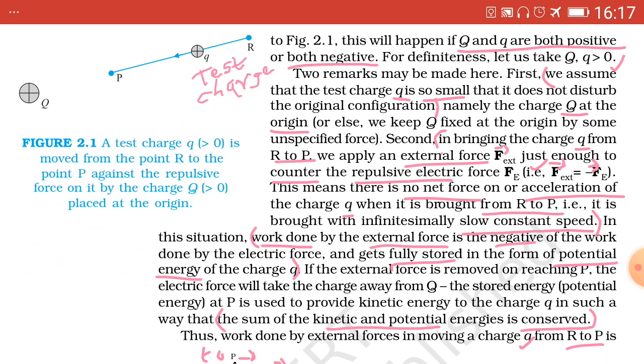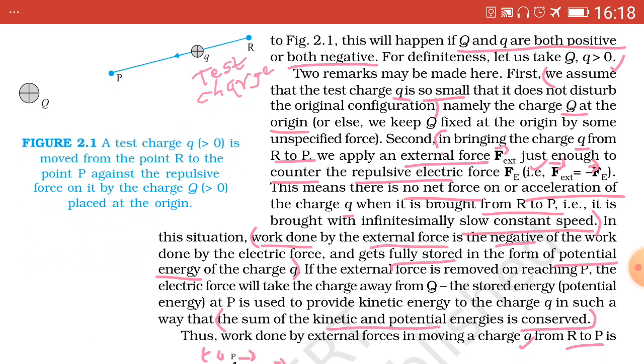As shown in the figure, we consider here capital Q and small q both positive, or they can be taken as both negative also, but here we consider capital Q and small q both positive, that is greater than 0, which I have tick marked.